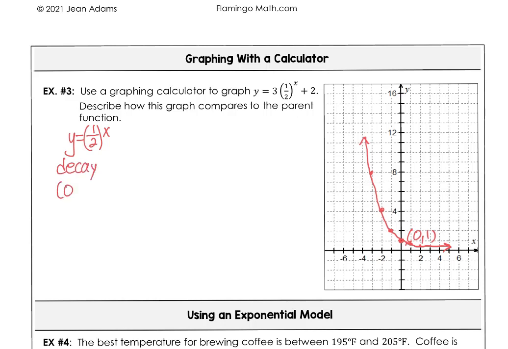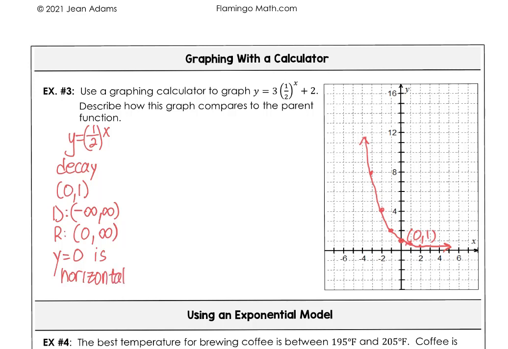And if we analyze that, we know it's a decay function. We know that 0, 1 is the y-intercept. We know the domain is still all real numbers. The range is all the values above the x-axis, and we know that y equals 0 is the horizontal asymptote.